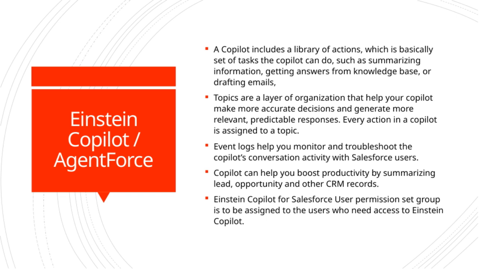Finally, to ensure the right users have access, we assign the Einstein Copilot to users through a permission set group. This way, only authorized users can leverage the full capabilities of Einstein Copilot within Salesforce. All these components, actions, topics, event logs, and permissions, work together to make Einstein Copilot a powerful, organized, and efficient tool for your team.